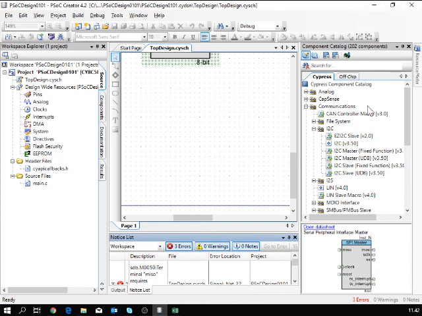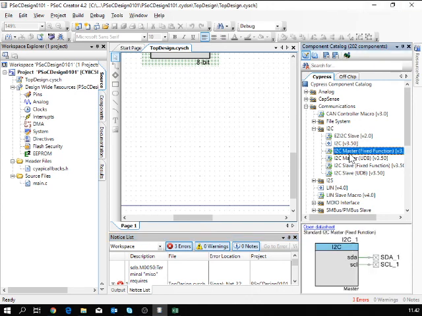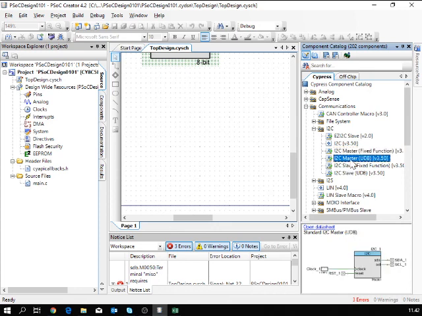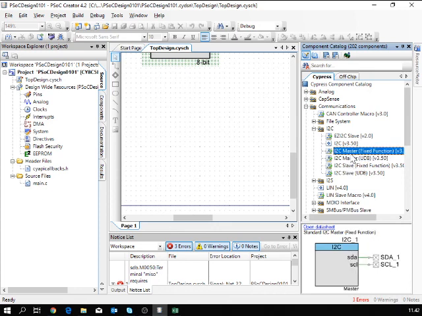So in that sense, it doesn't really matter which one you use, fixed function or UDB. It seems that the biggest difference is that in this one you don't have the clock. Oh yes, you have the clock.